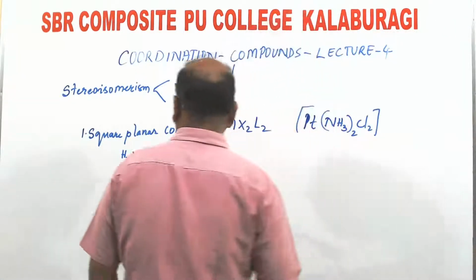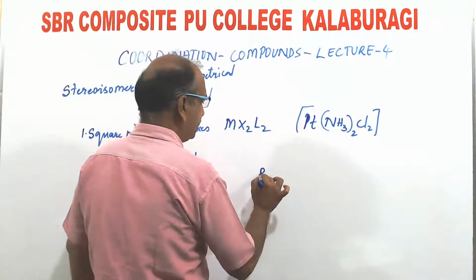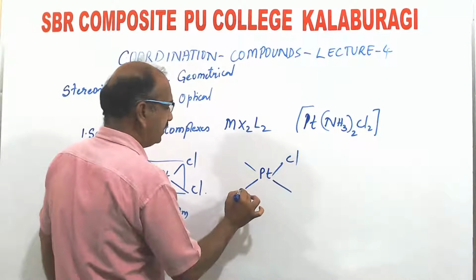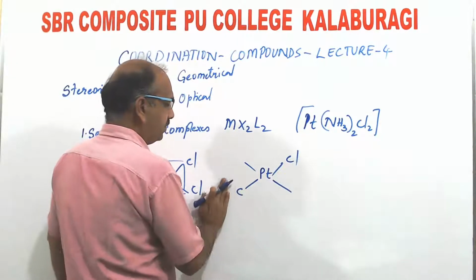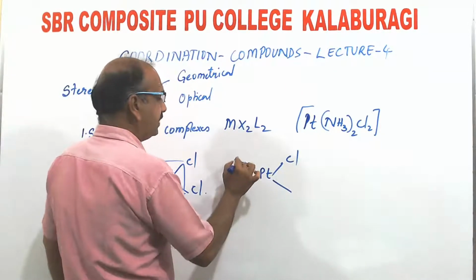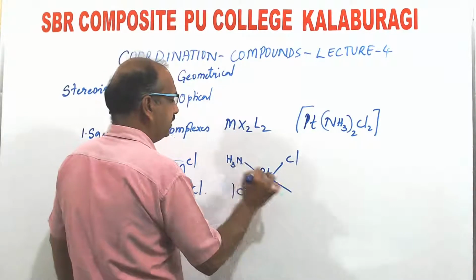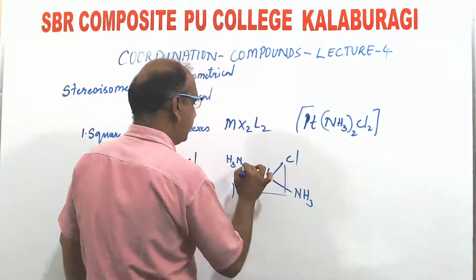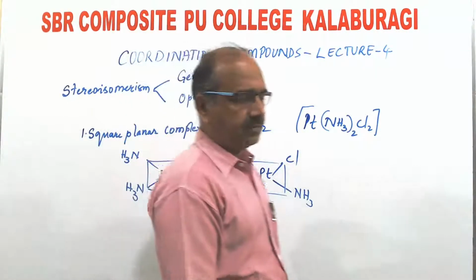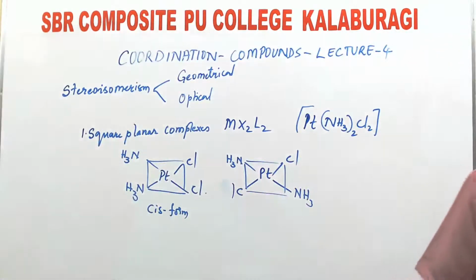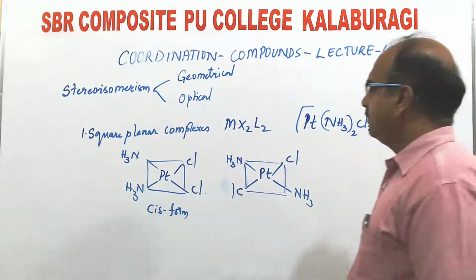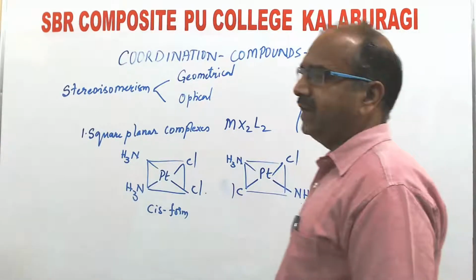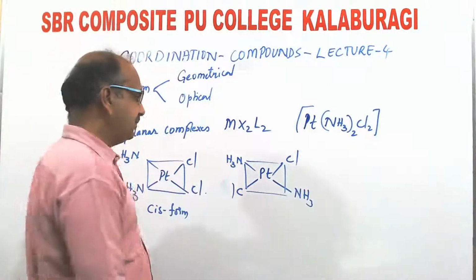And if the chlorines and ammonias are in the opposite positions, chlorine here and chlorine here, and NH3 and NH3 likewise, if you take these in the opposite, that time you have the trans form. Cis form and trans form of this Pt(NH3)2Cl2, diamminedichloroplatinum.